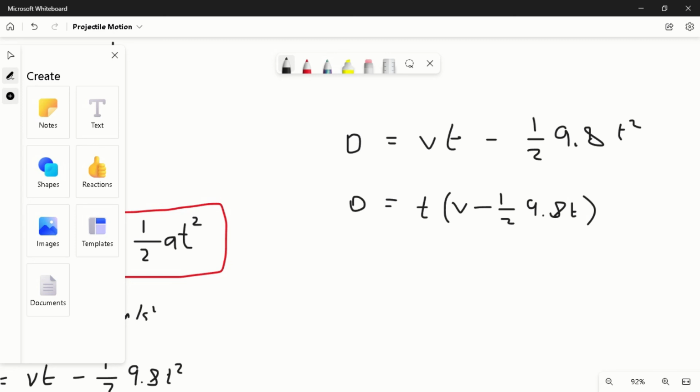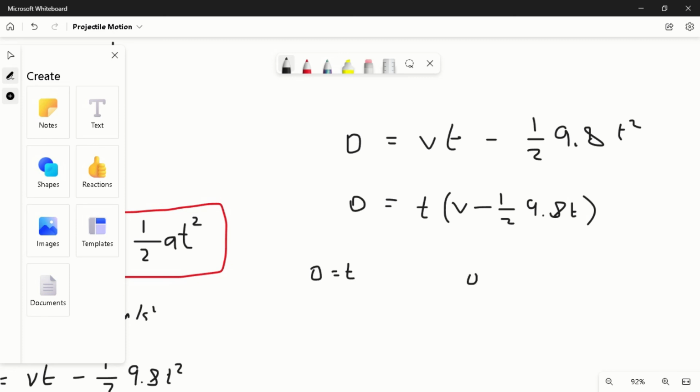Because we have a 0 on the left side, either t or the thing in parentheses has to equal 0 to satisfy this equation. So we have two solutions. One of them is 0 equals t, and obviously when t equals 0, our vertical displacement is 0. So we don't care about this solution.